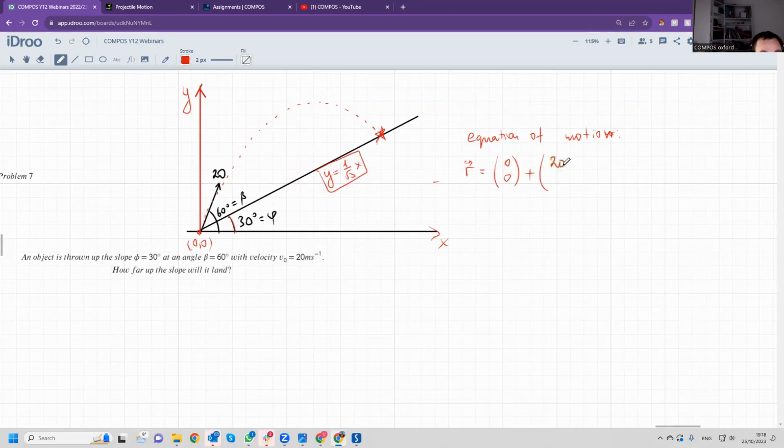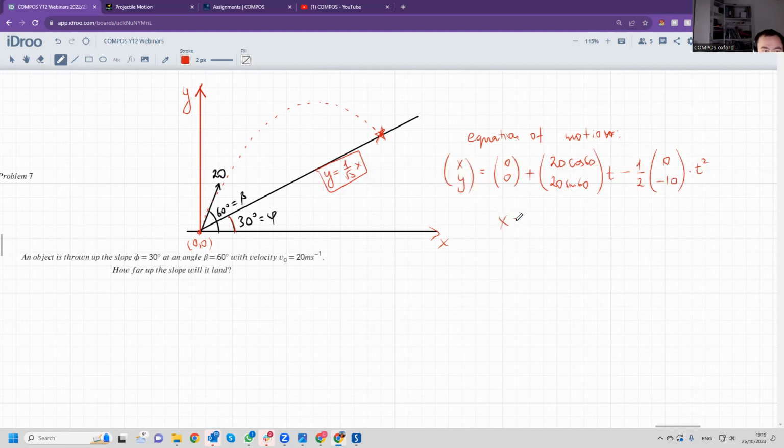Initial velocity is 20 cos 60, 20 sin 60, multiplied by t, minus 1/2 of 0, minus 10 for g, just to make it simpler for myself, multiplied by t squared. And this is x and y.